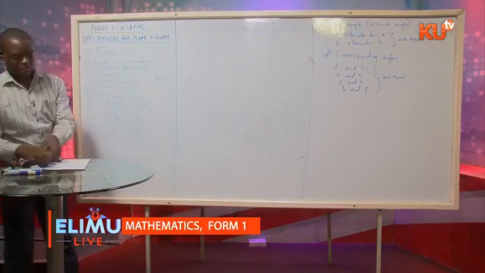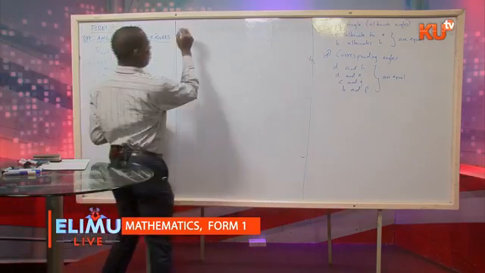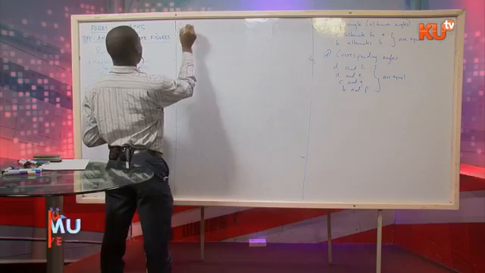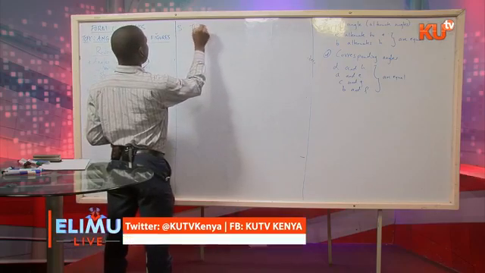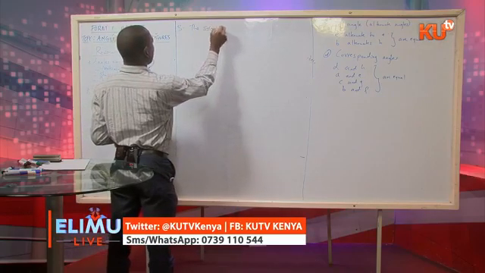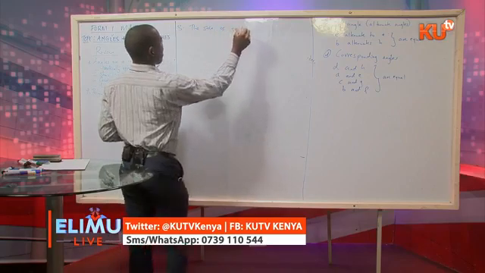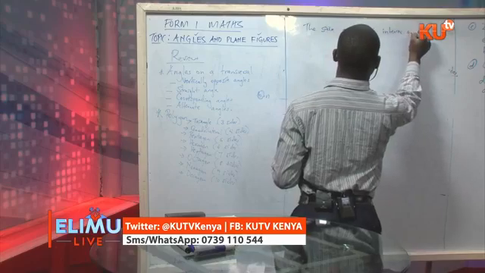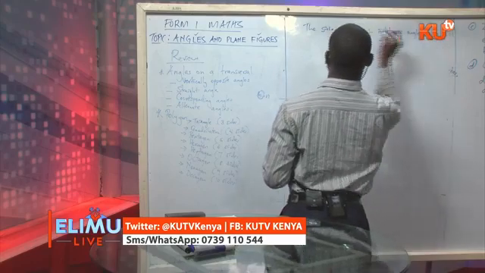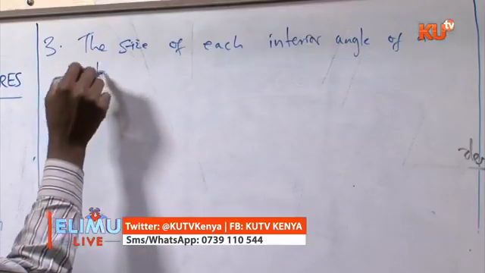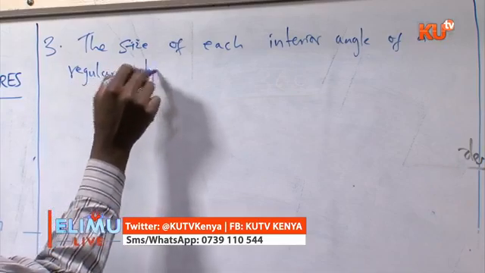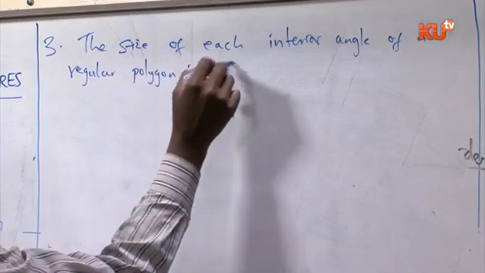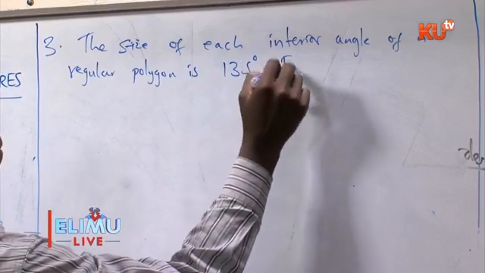So if you are given a case for this formula of theta, maybe you'll have a question and you're told that the size of each interior angle of a regular polygon is 135 degrees.